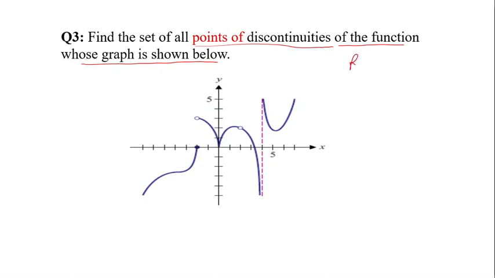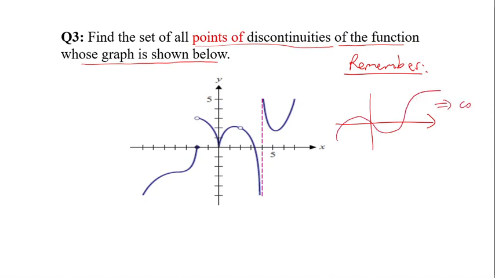Remember this: continuous means that if you can make the graph of such a function without lifting your finger, then it is continuous. But when you're making the graph, if you lift your pen, this makes a discontinuity.